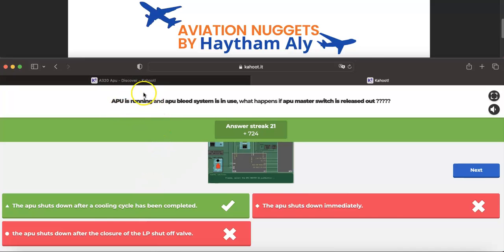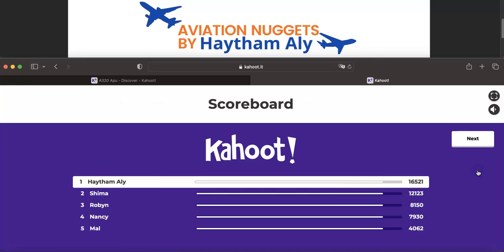If APU is running and only electrical power is being used, the APU will shut down immediately. But because the APU bleed system is in use, we have a cool down cycle. Cool down cycle must be initiated first, then the APU will shut down. Okay, everybody, let's proceed. Next question, and I think this is the last question now.